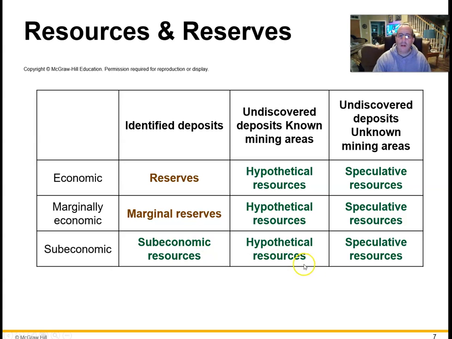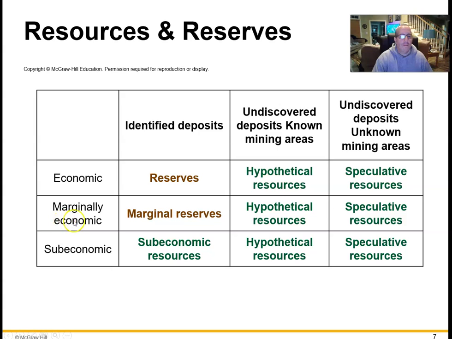And this chart right here kind of goes over that. So we've got identified deposits. So that means some type of geologist has identified that we have this type of mineral at this location. That's what that means. And then you have the economic ones that we can mine right now. We're going to make money on that. That's a reserve.